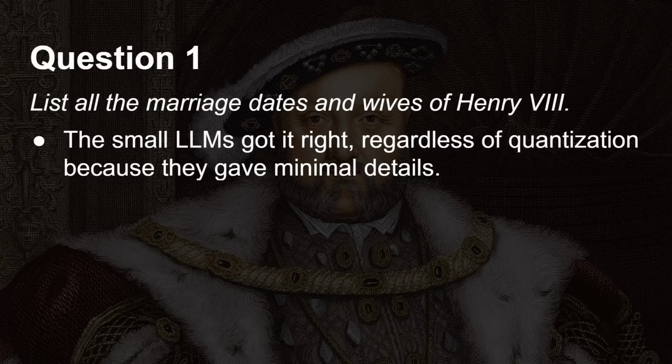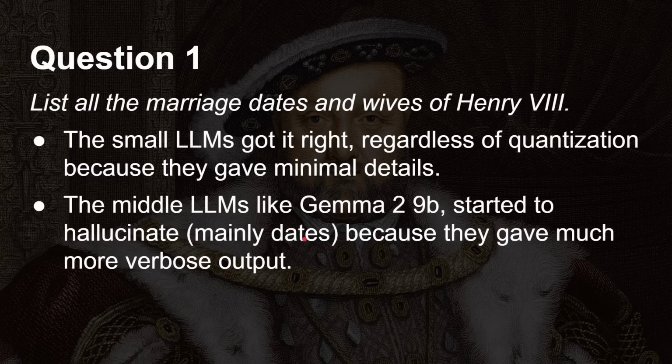Now the small LLMs all got it right, regardless of the quantization level, because they gave minimum details. They literally just listed the wives of Henry VIII and maybe the marriage date, very little other detail. Now the middle-sized LLMs, for example Gemma 2 at 9 billion parameters, started to hallucinate. Their problem was they tried to be too clever.